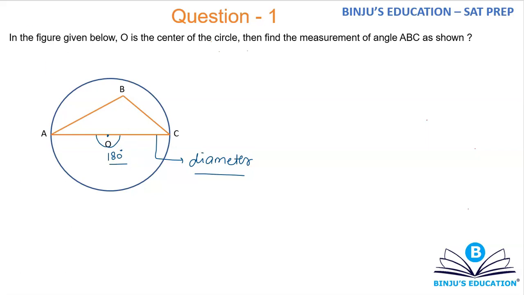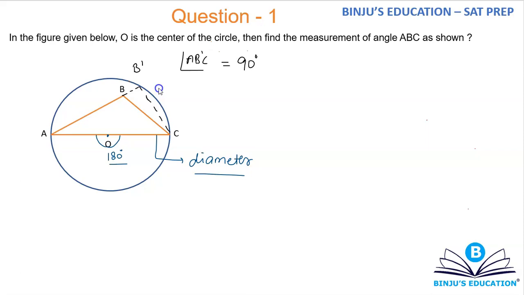Now I know one thing. If this point B were to lie on the circumference, let's say this B dash, and if I connect B dash with C, then I can say for sure that angle AB dash C will be equal to 90 degrees, because B dash lies on the circumference, and if a chord makes an angle theta at the center of the circle, it's going to make an angle of theta by 2 in the same segment of the circle, provided that the point lies on the circumference.